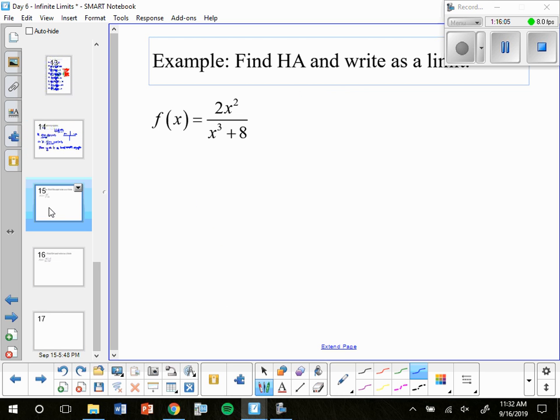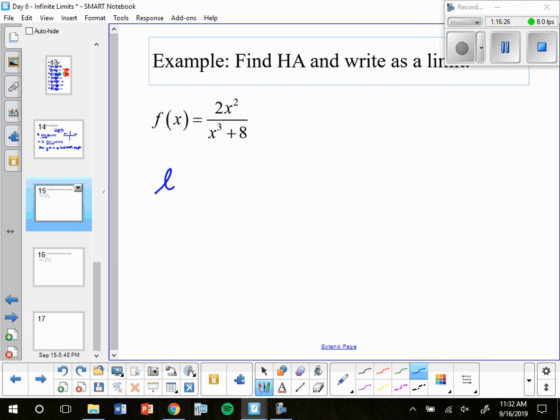So if we want to find horizontal asymptotes of this function, 2x squared over x cubed plus 8, then what should we look at? As x gets really, really big, are my y values going to level out?